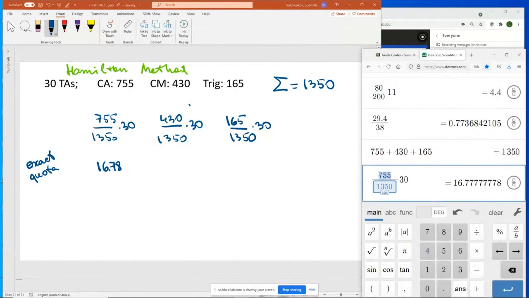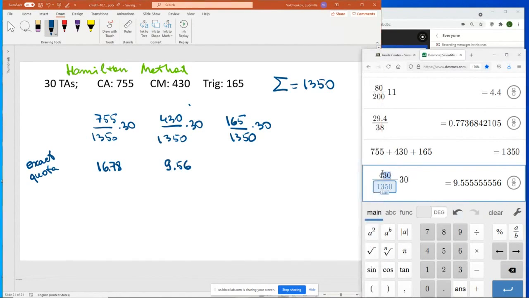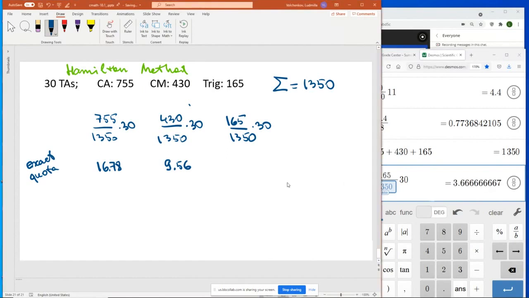For contemporary math, 430, the number is 9.56. We usually don't need more than 2 decimal places. And the last one, 165 for trigonometry, and the exact quota is 3.67. Okay, we first assign the integer part.